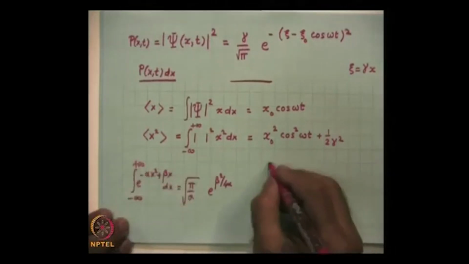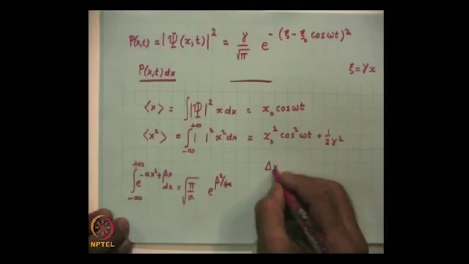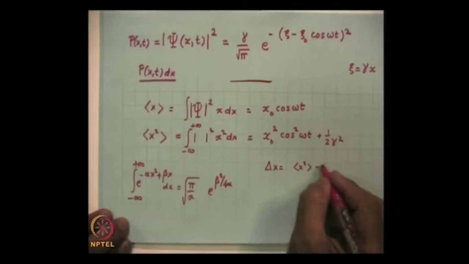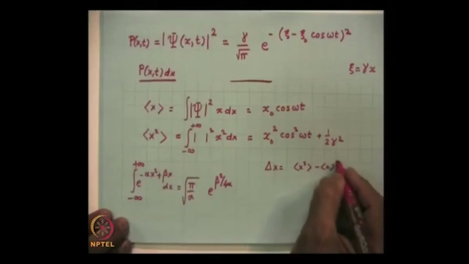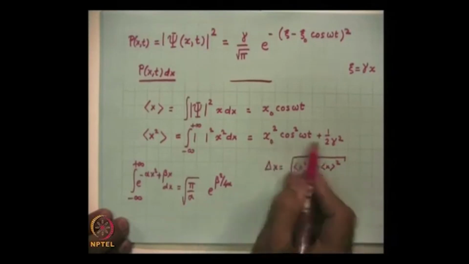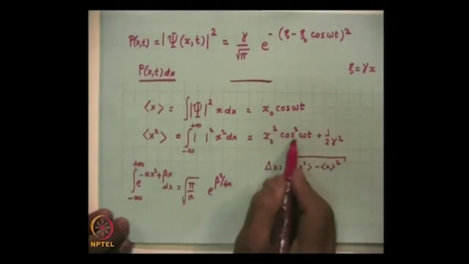All limits are from minus infinity to plus infinity. So, then you can calculate delta x, which is x square minus x average square under the root. So, this is this minus x 0 square cos square omega t.